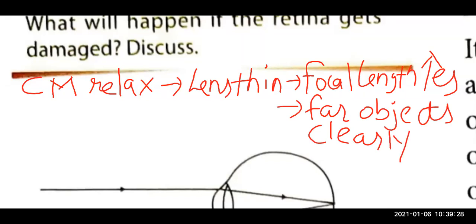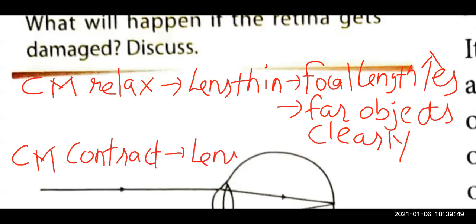With this, you can write your full answer. When the ciliary muscles relax, the eye lens becomes thin and its focal length increases, and so we are able to see the far objects clearly. Next, you can write, when the ciliary muscles contract, what will happen?